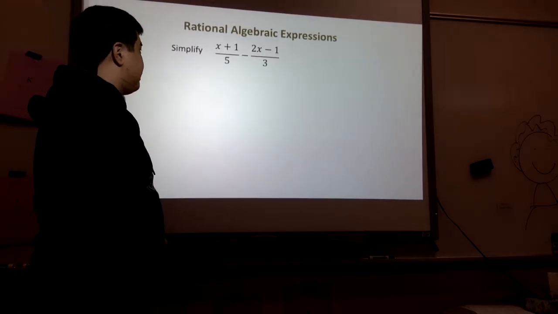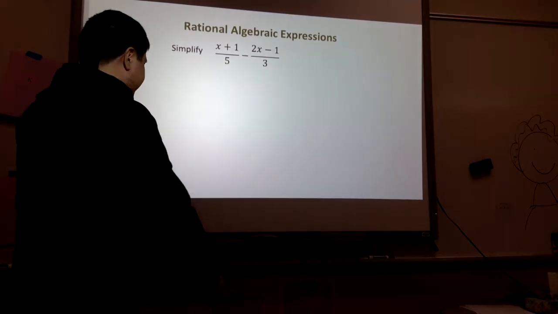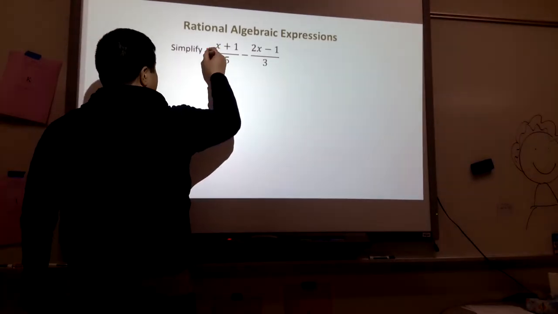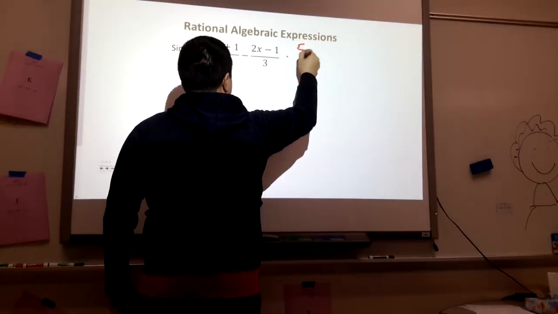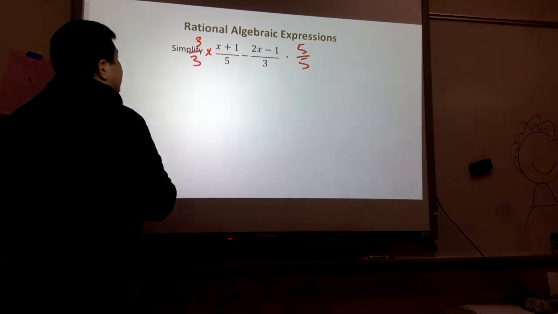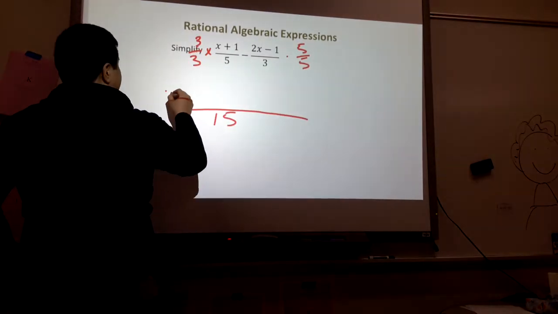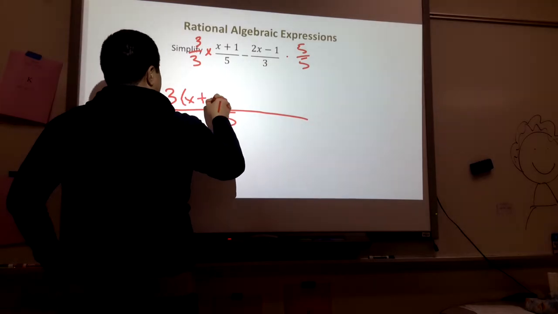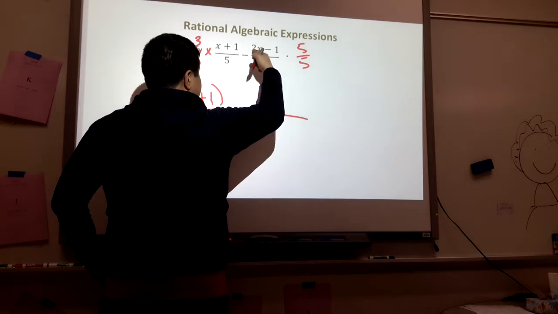Here we have two fractions again. The common denominator we're going to get is 15 between 5 and 3, which means we need to multiply this one by 3 over 3. We need to multiply this one by 5 over 5. And so we get one fraction with 15 in the denominator. At 3x plus 1, we have a minus sign, which means that we're not just multiplying this by 5.